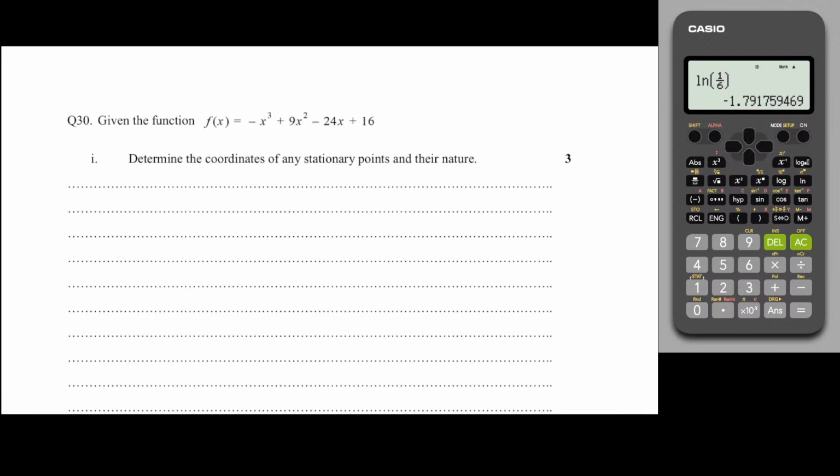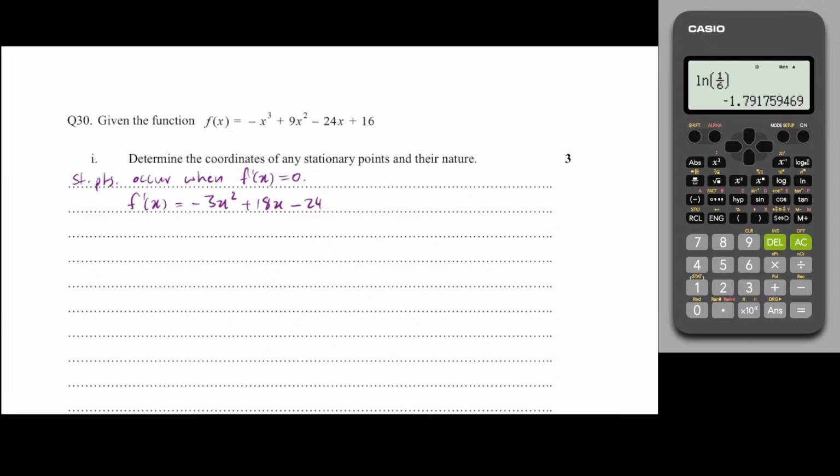Given the function, determine the coordinates of any stationary points and their nature. So stationary points occur when f dash x is equal to 0. f dash of x is equal to negative 3x squared plus 18x minus 24.